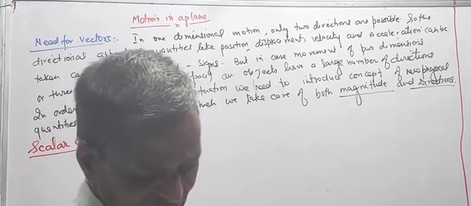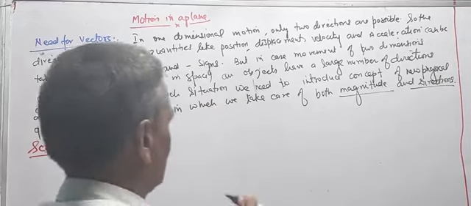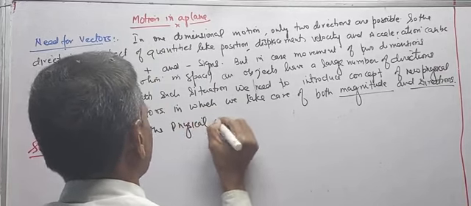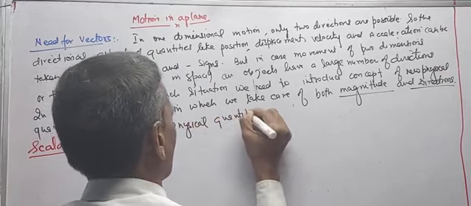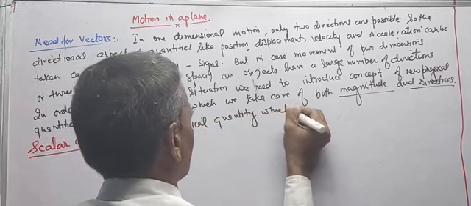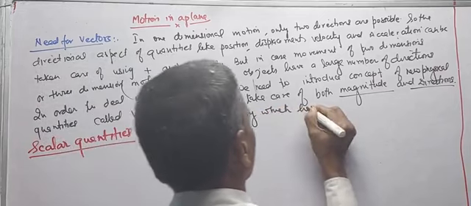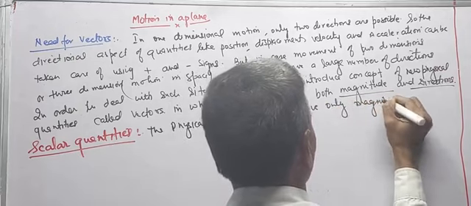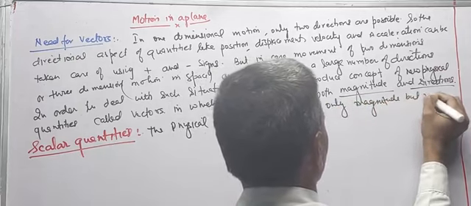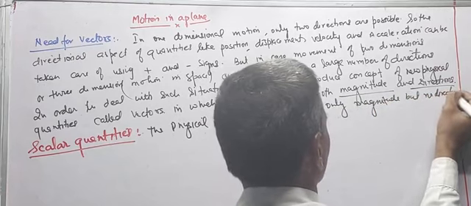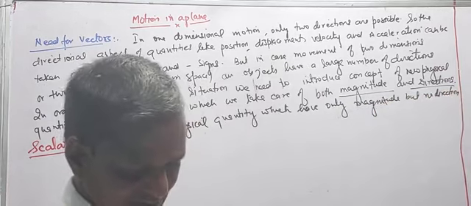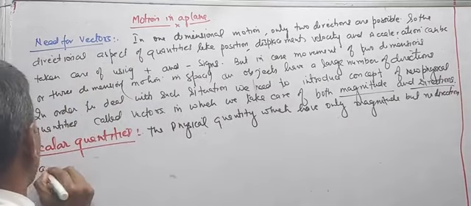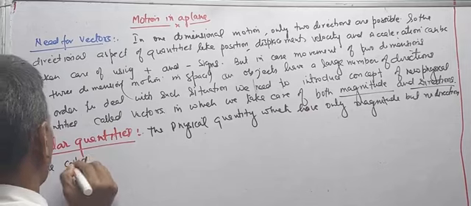The physical quantities which have only magnitude but no direction are called scalar quantities.